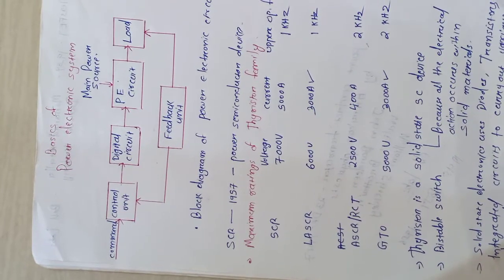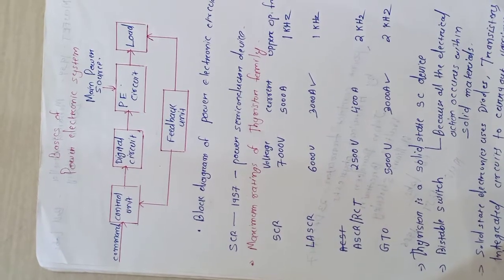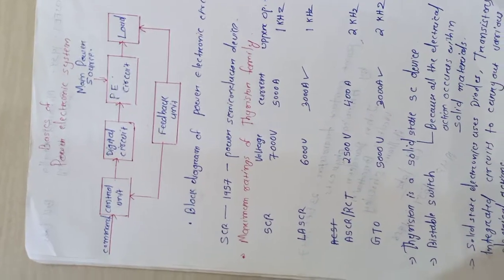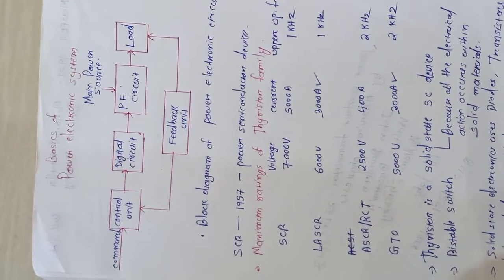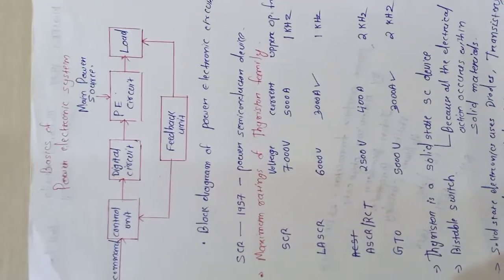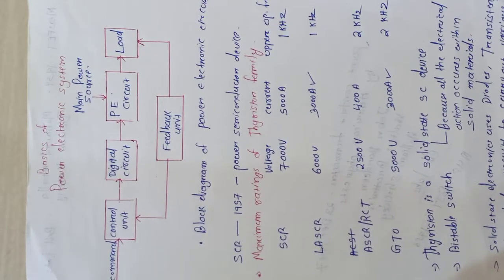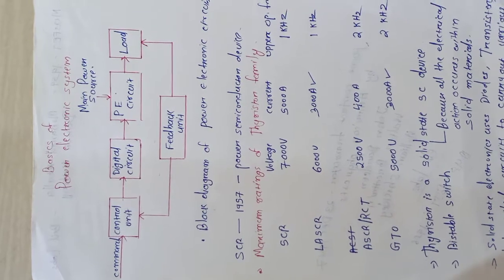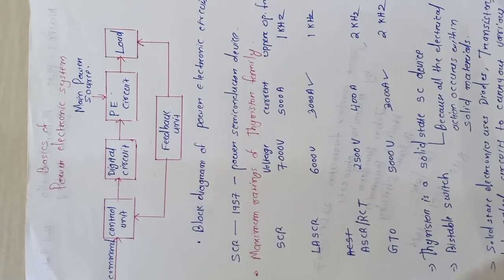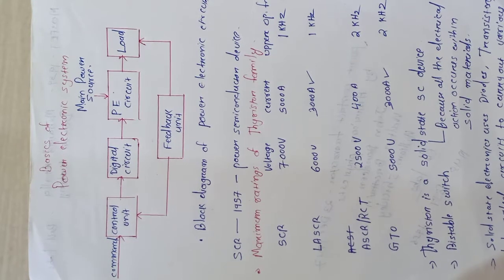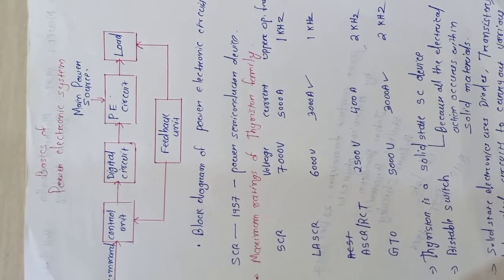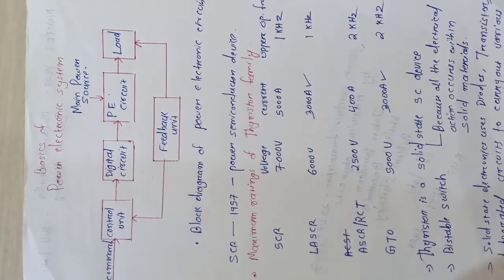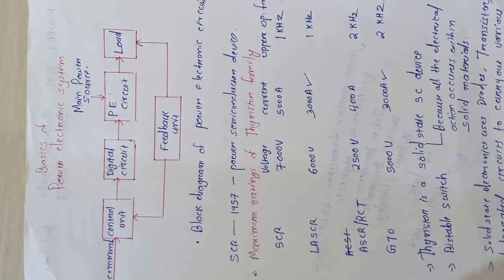So now we will see what are the advantages and disadvantages of power electronics converters. The advantages possessed by the power electronics system are as follows. A power electronic system has a high efficiency due to the low loss in power semiconductor devices. Secondly, it is highly reliable.